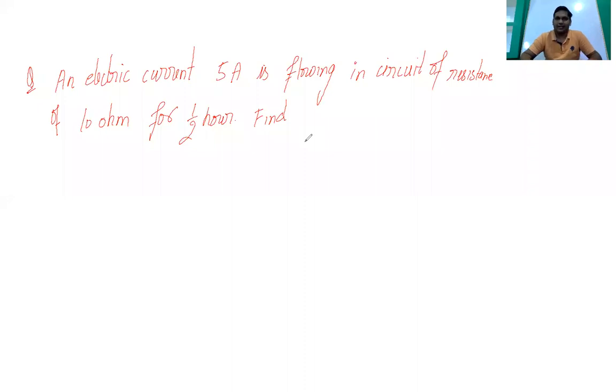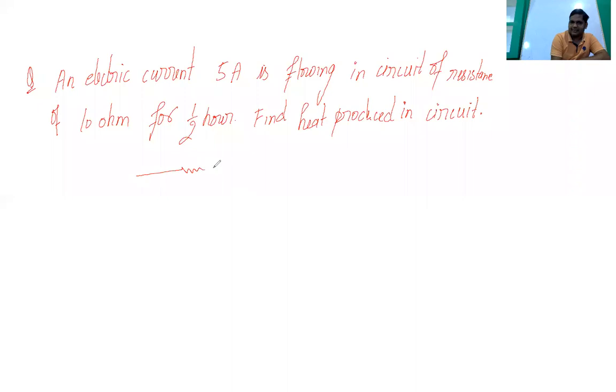Okay, an electric current 5 ampere is flowing in a circuit of resistance of 10 ohm for half an hour. Find the heat produced in the circuit.